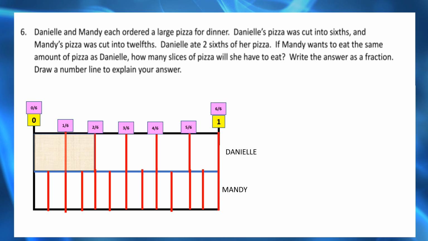See that? Now, it says if Mandy wants to eat the same amount of pizza as Danielle, how many slices will she have to eat? Well, let's label our 12ths. Where that 0 line is, we're going to mark 0/12.